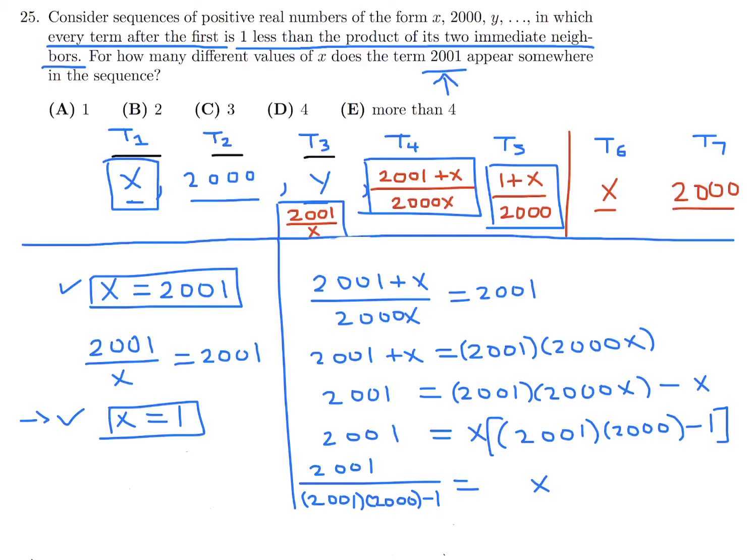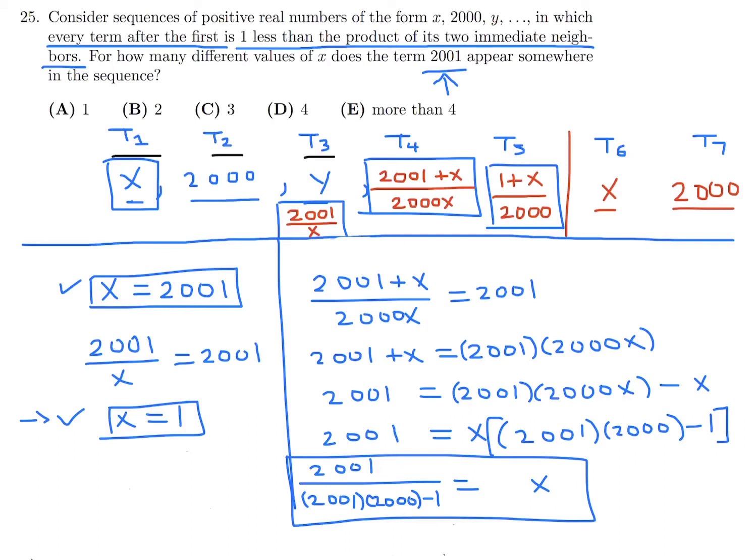Okay, so this is another value of x for which the term 2001 will appear in the sequence. So that's a third value.